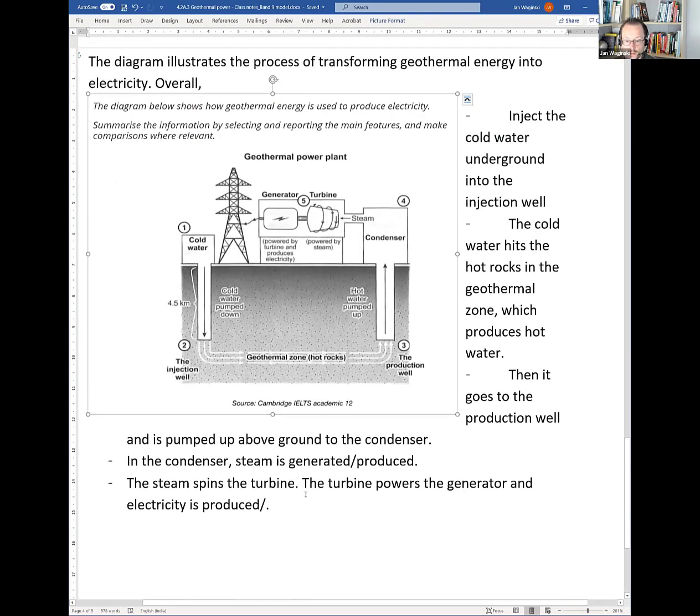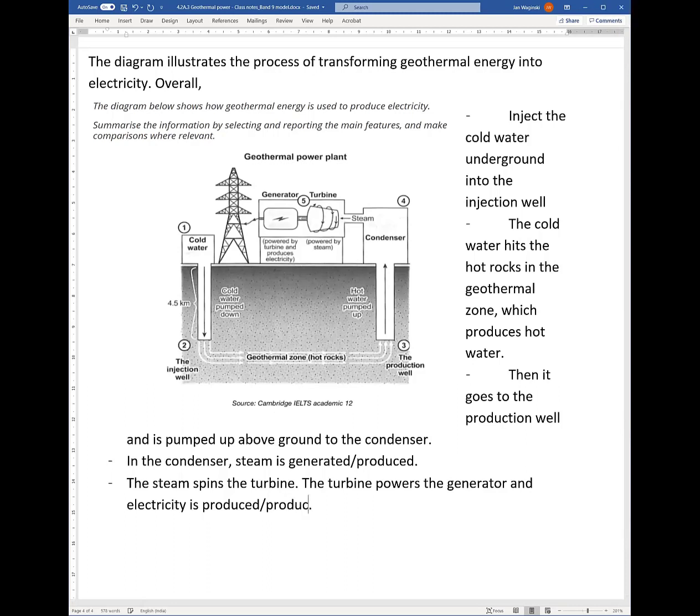Here we go. The turbine powers the generator, producing electricity. Which produces electricity is the same as producing electricity.